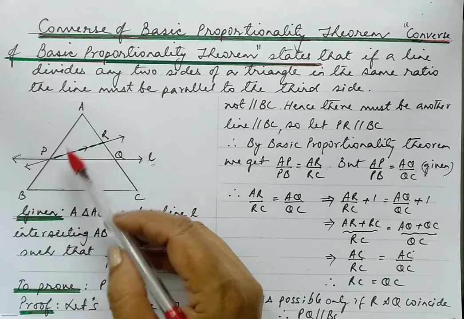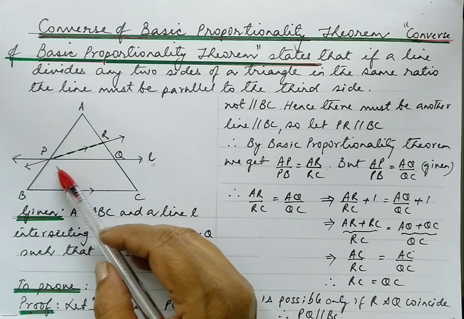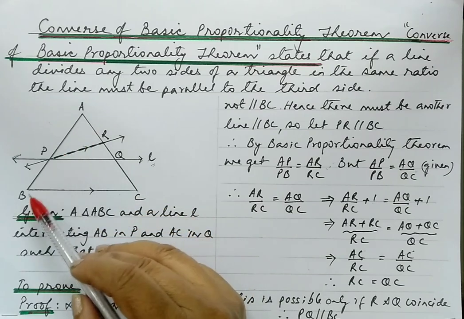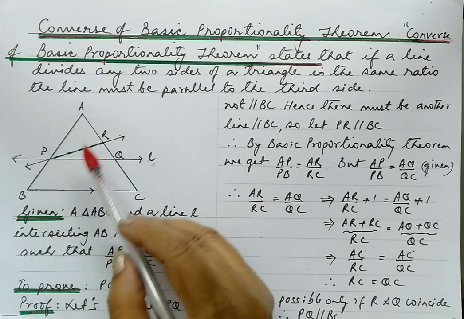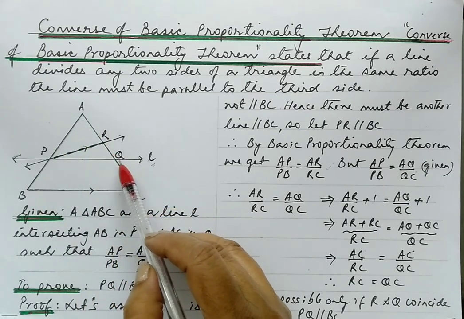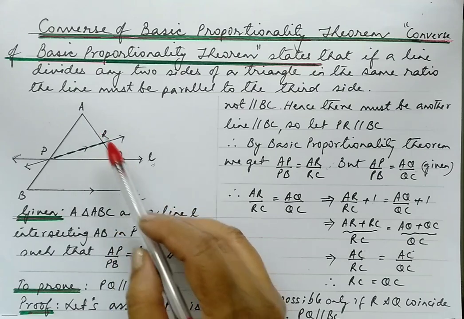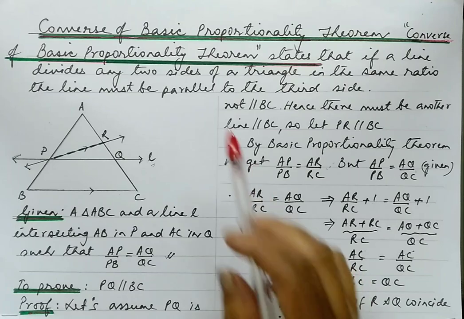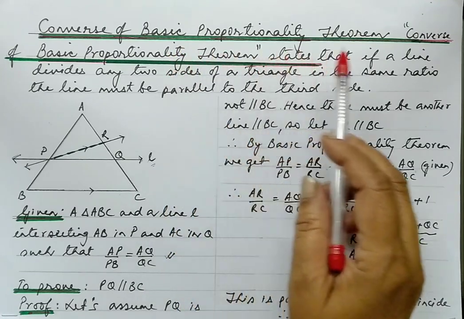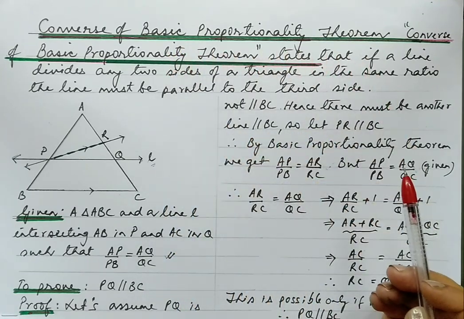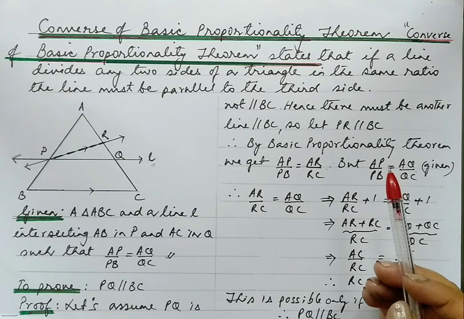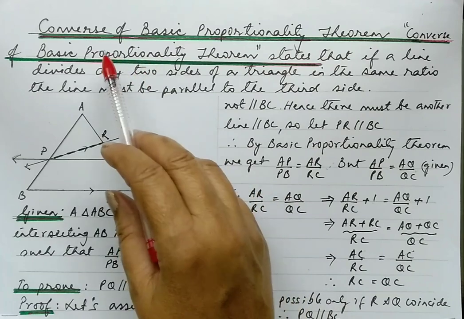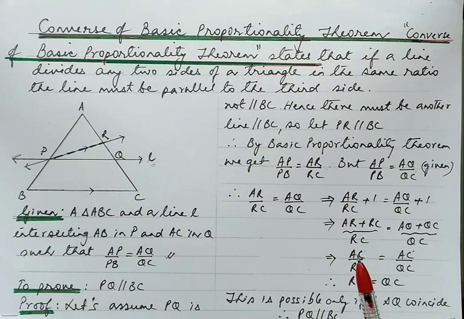We had to prove that the line segments on AB, AP upon PB, were equal to AQ upon QC. That was the basic proportionality theorem. In short, we also call it Thales theorem. But this is the converse of the basic proportionality theorem, or the converse of Thales theorem.